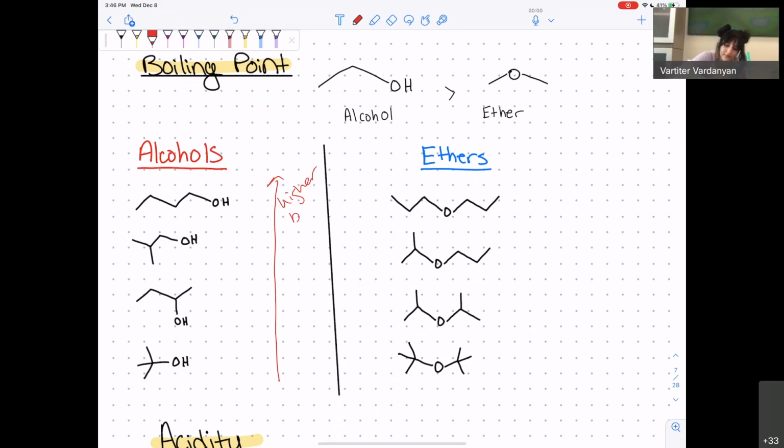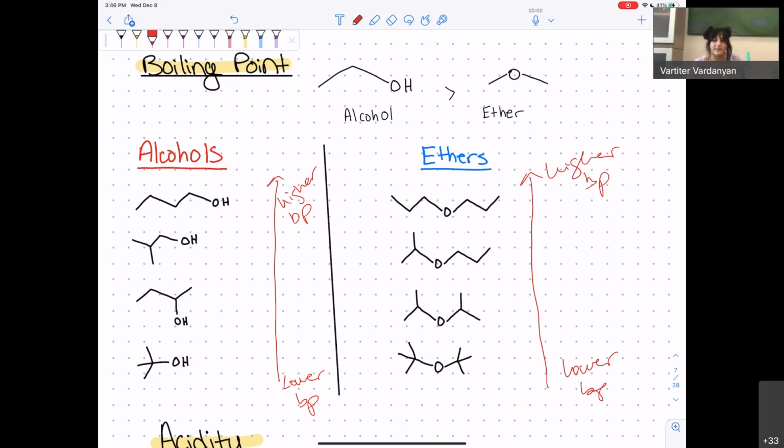Higher BP, lower BP. Not blood pressure, boiling point. Same exact trend here. More splitting, more branching, lower boiling point.